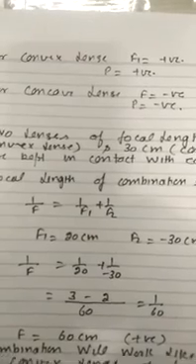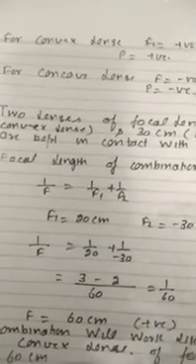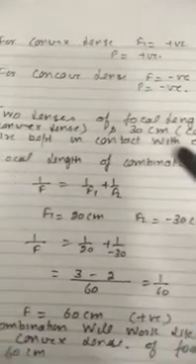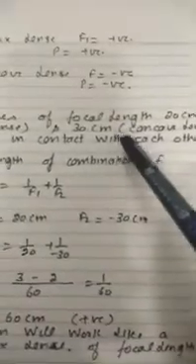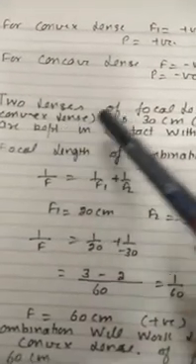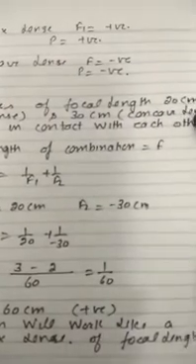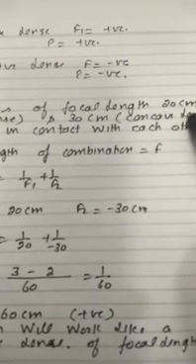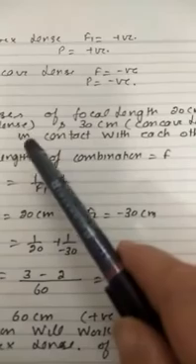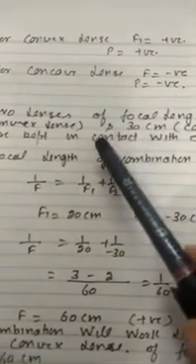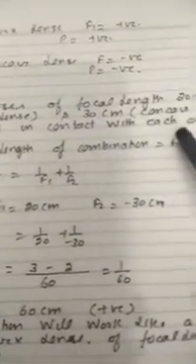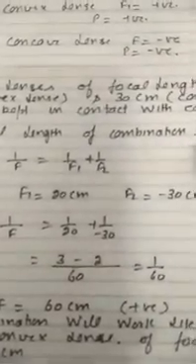Next, let's take the example. Two lenses of focal length 20 centimeter and 30 centimeter; the 20 centimeter one is a convex lens and the 30 centimeter one is a concave lens, and we have to find the focal length of the combination if both are placed in contact with each other. Let the focal length of the combination be f.